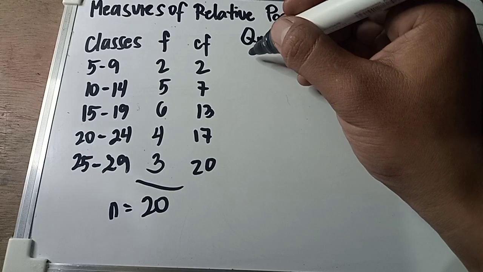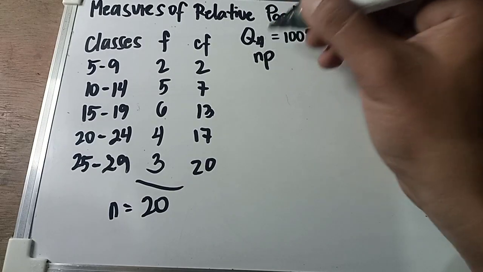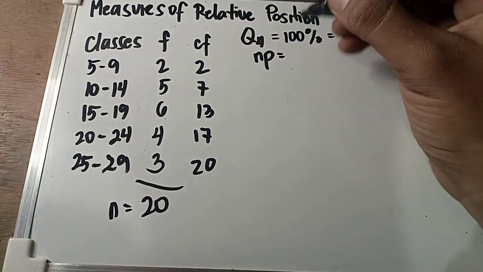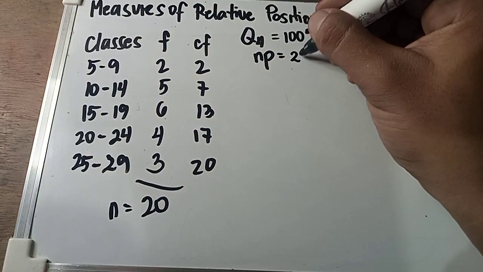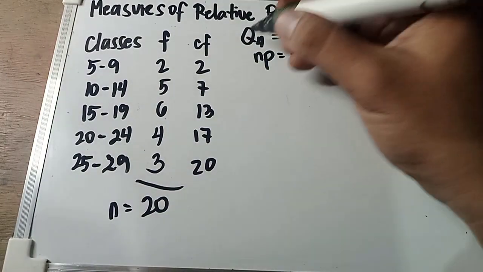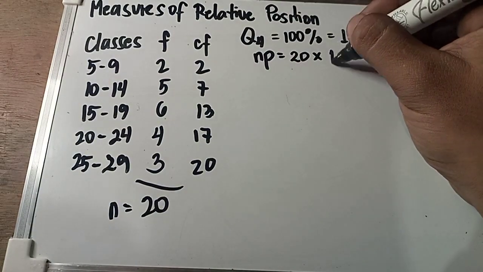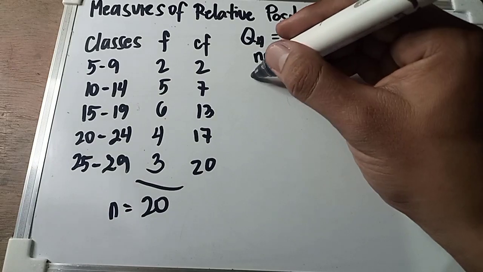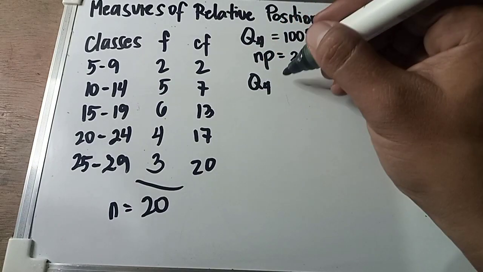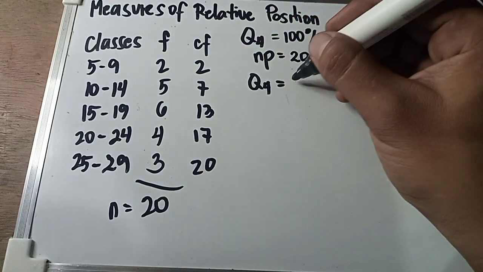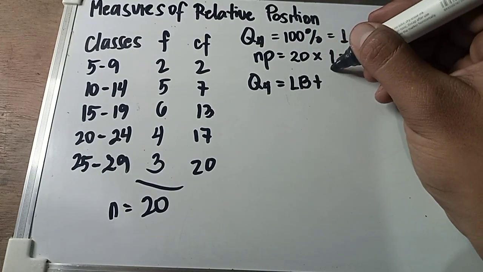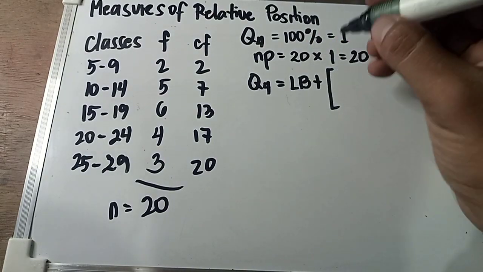So, hanapin natin yung NP. NP equals the total number of your frequency, so that will be 20 times your Q4, this is 1. So 20 times 1 is 20. So formula: Q4 equals the lower boundary plus the NP. Para tayong nagko-compute dito ng median.